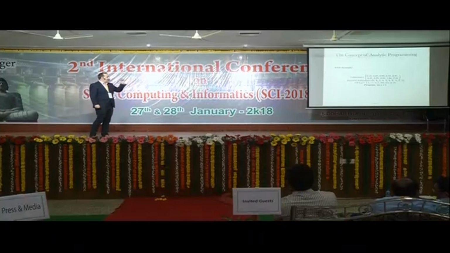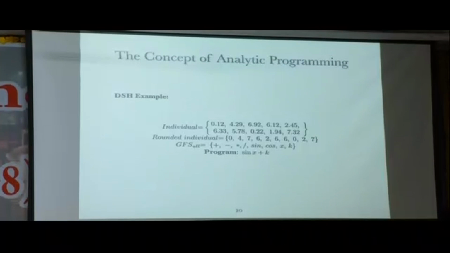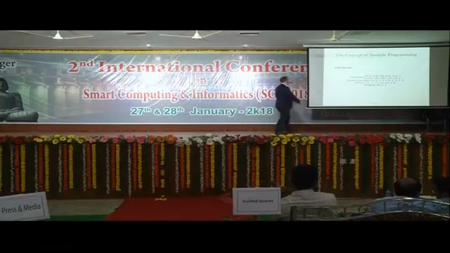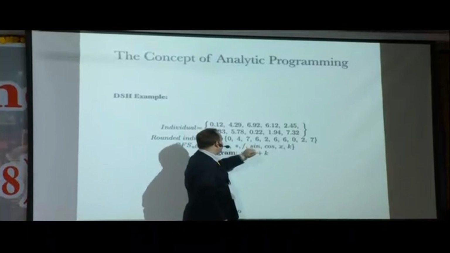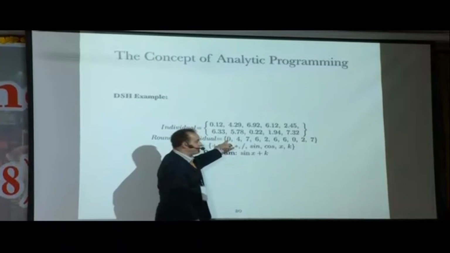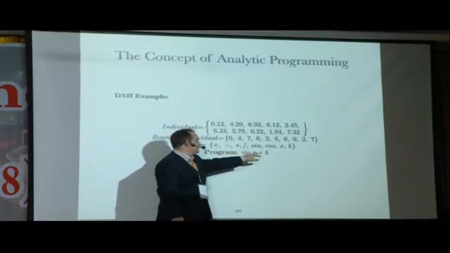So we round the individual to 0, 4, 7, 6, 2, and so on. And then we look into the general function set all. And if you look here, you can see that it's like 0, 1, 2, 3, 4. So it takes a 0. The first one is plus. So it gives us the plus.